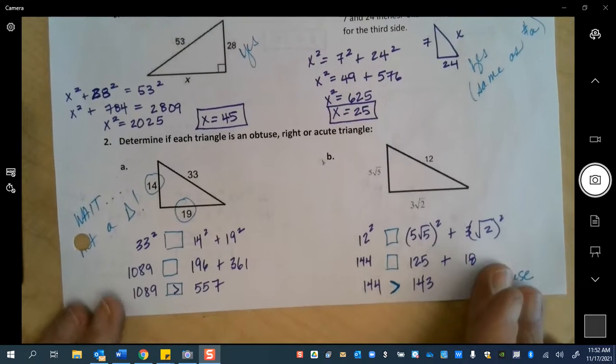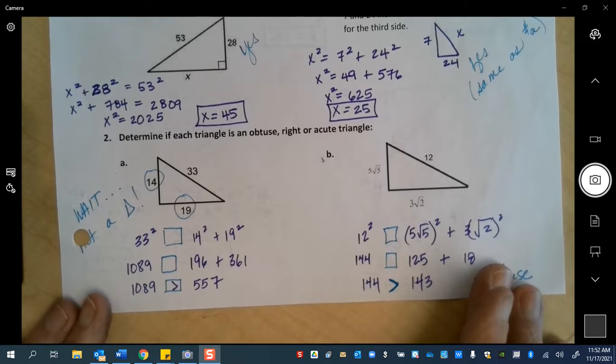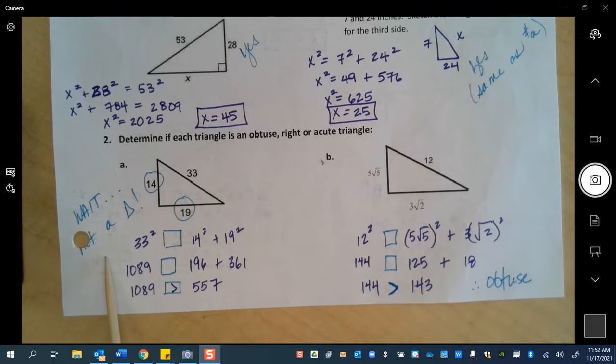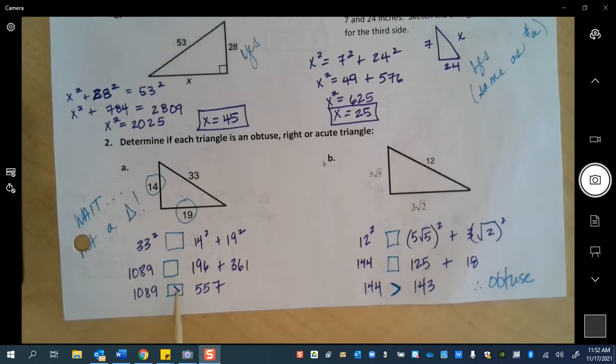All right, determine if each triangle is obtuse, right, or acute. Now, I got to tell you something. Sometimes I forget to see if it's even a triangle, right? Anybody do this? Anybody get caught?